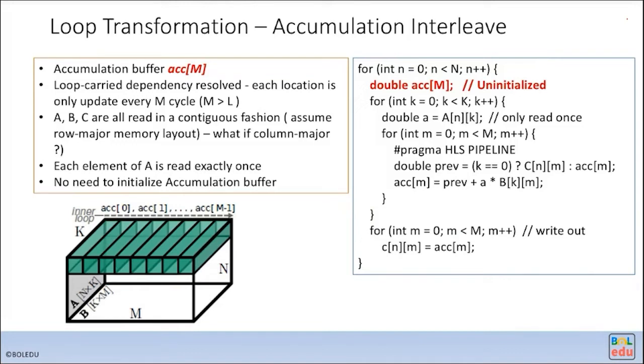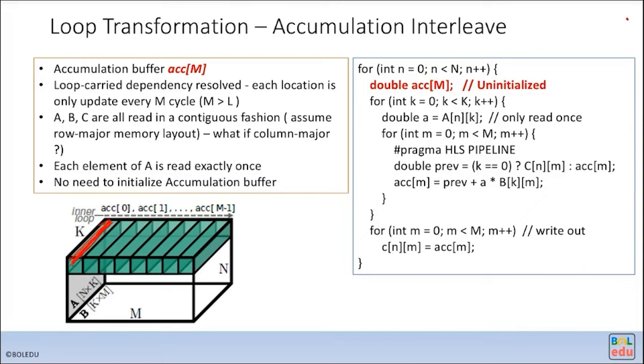Let's say that we want to do, instead of this, we use one row of the A array, one element of the A array, and multiply it with k elements from the B matrix.